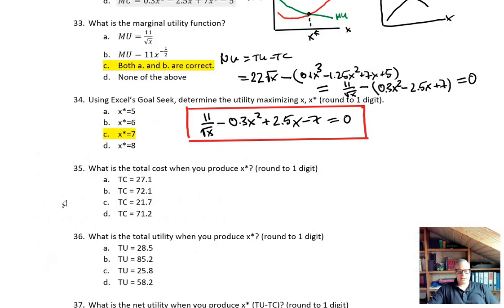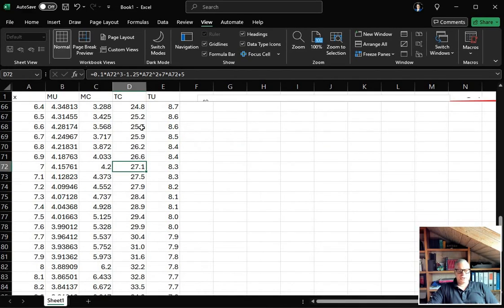Is that one of the answers? Yeah, what is the total cost? That's 27.1. What is the total utility when you produce the optimum number, which is 7? So let's go, total utility is 8.3.